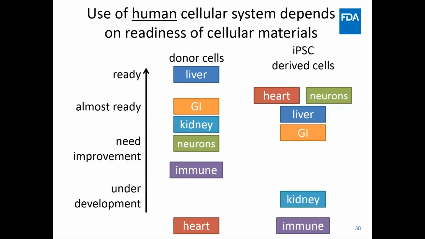And the reason why this happens is because, as demonstrated, it's possible to get primary liver cells from donors. And these cells can be frozen, thawed, cultured, and QC'd. There are some difficulties associated with all of these, but it's possible to do it.